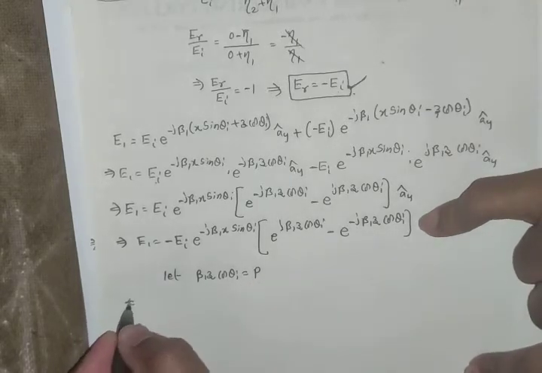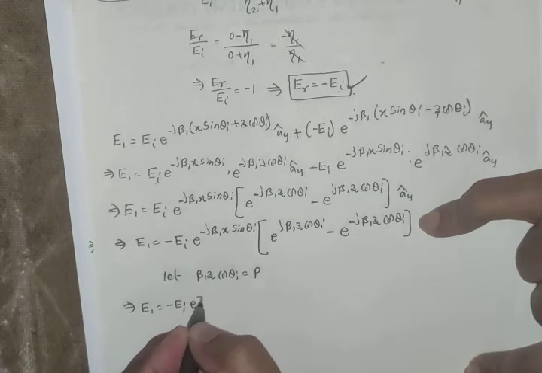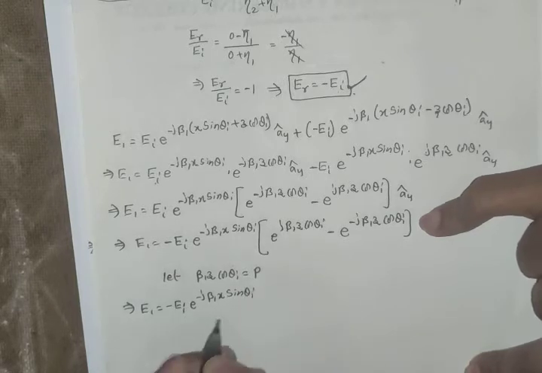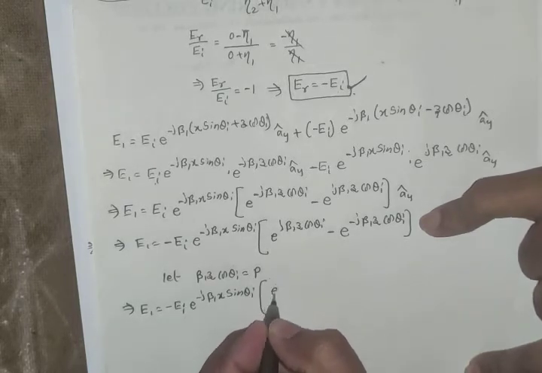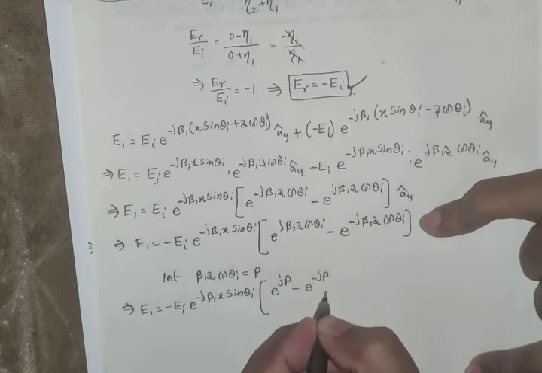Now this equation becomes E1 equal to minus Ei into e to the power of minus j beta 1x sin theta I into e to the power of jp minus e to the power of minus jp.